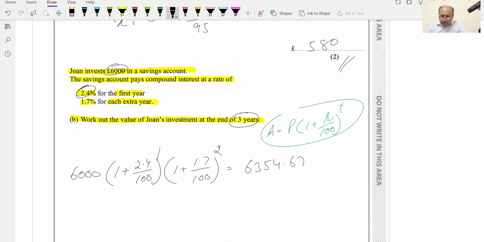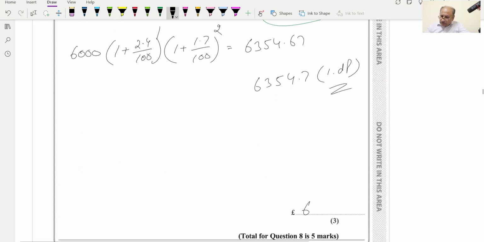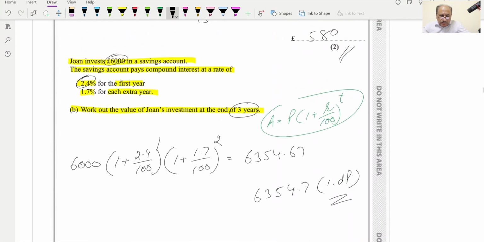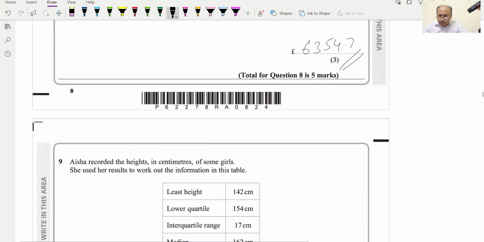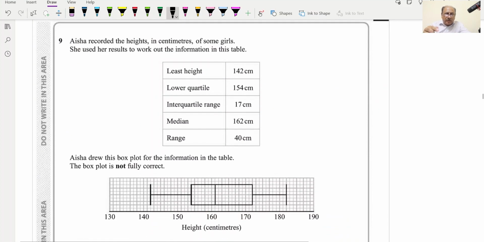We have to provide up to maybe 1 dp, so 6354.7, this is 1 dp, and this will be the answer. Because they are not saying up to what dp, I provided 1 dp.